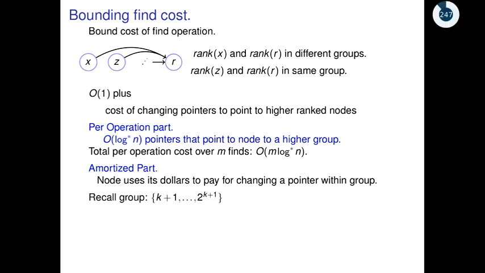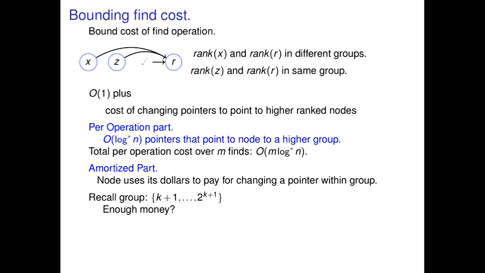So remember, this is what a group looks like. Now both Z and R are in this group. It used to be Z pointed to somebody in this group, and now it points to somebody higher in this group, because the ranks only go up along the path. So how many times can Z change his pointer and stay in the same group? The number of ranks in here is at most 2 to the k plus 1.